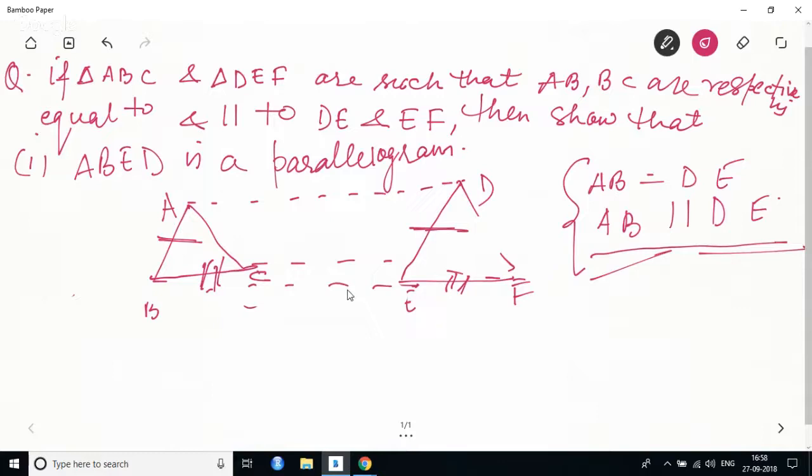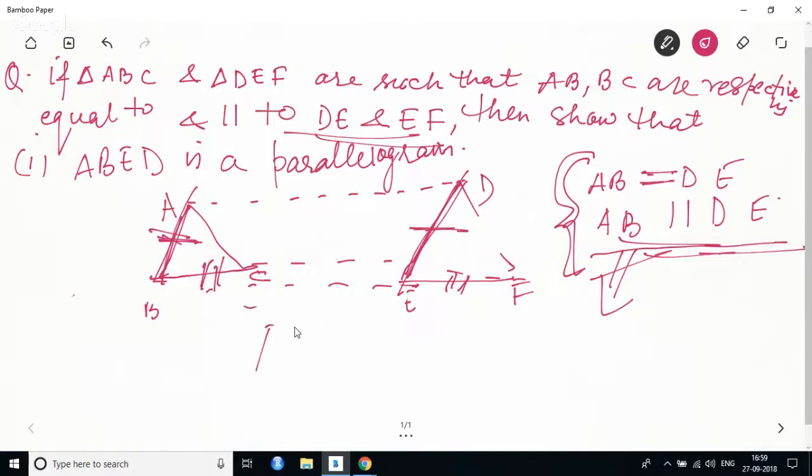So I am proving that AB, which is part of this side, and this particular side, which is opposite to it, are parallel and equal. Already it has been given to you that they are parallel and equal. So you just need to write that they have been given, and you just need to write the converse theorem that as for this particular quadrilateral, opposite sides are parallel and equal.